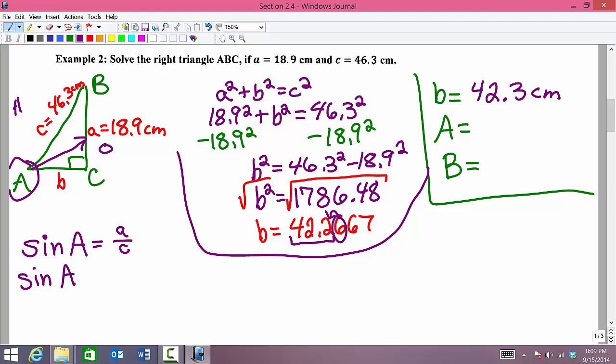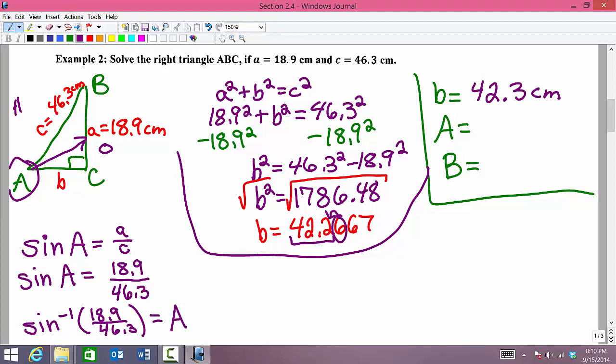So sine of angle A is equal to 18.9 divided by 46.3. And we're going to put this into our calculator. We're going to use the inverse function. This time we want to find the angle, and the inverse function is what we use to find angles. We're going to hit the second button or shift.